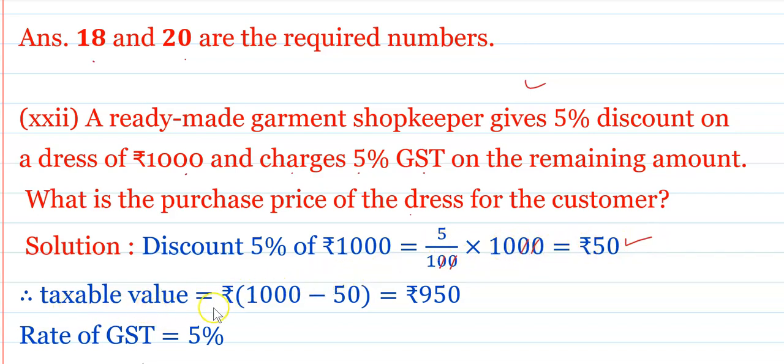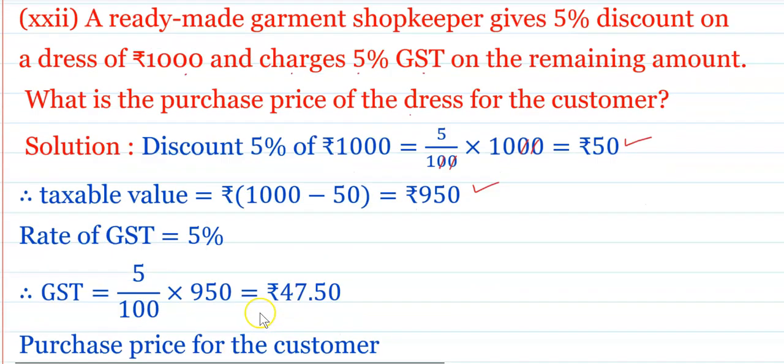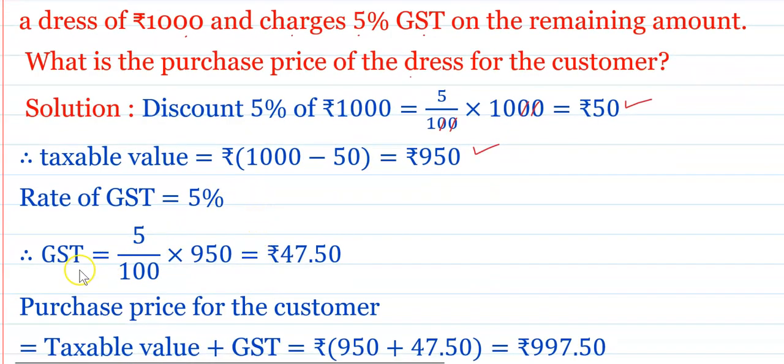Taxable value, that is the printed price minus discount. 1000 minus 50, you will get 950. Now the rate of GST is 5%. GST is equal to 5 upon 100 into 950, and after simplification, these two zeros get cut, so 95 into 5.